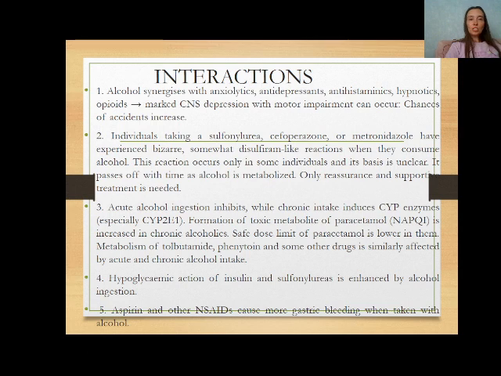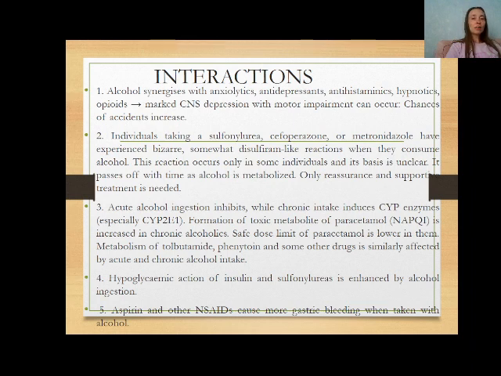Now about interactions. Alcohol synergizes with anxiolytics, antidepressants, antihistamines, hypnotics, and opioids. Marked CNS depression with motor impairment can occur. Next, individuals taking sulfonylurea, cefoperazone, or metronidazole have experienced disulfiram-like reactions.